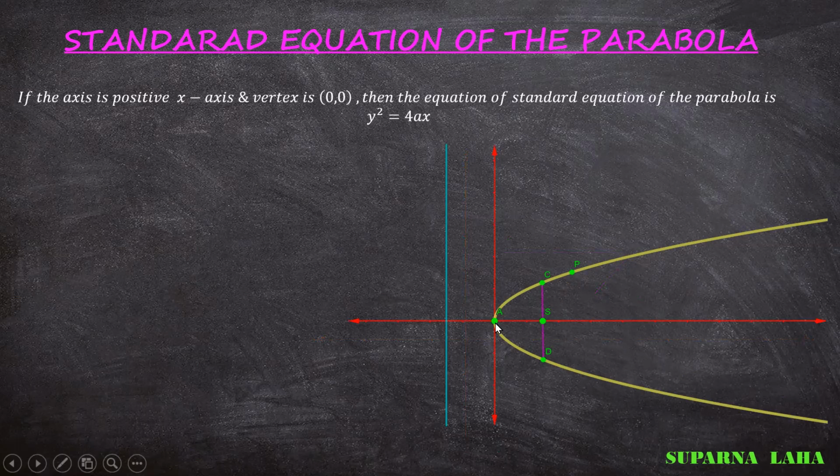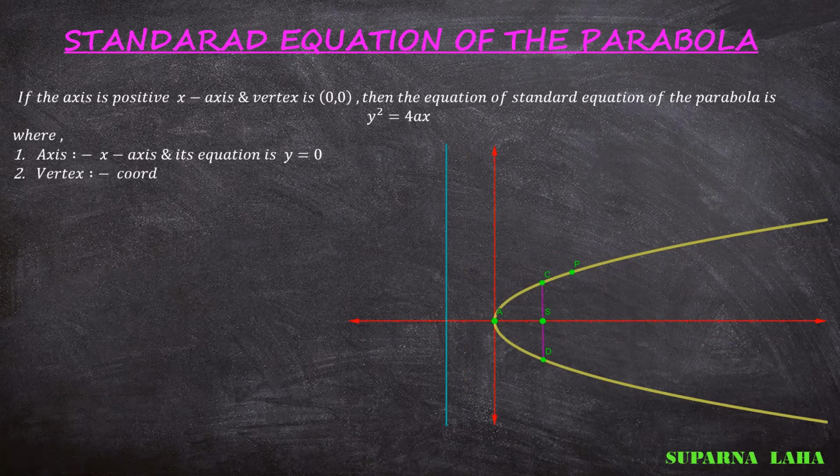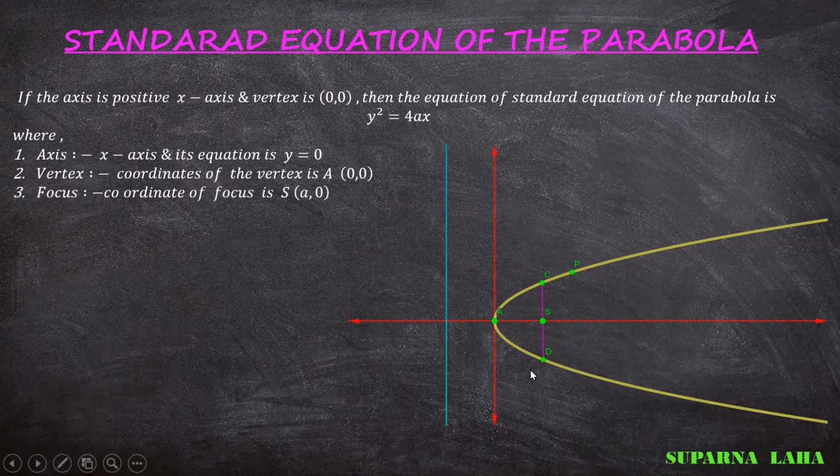At the origin you can find the vertex, here is the focus, this is the directrix, and this is your parabola. From here you can easily write that the axis of this parabola is the positive x-axis, whose equation is y = 0. The coordinate of the vertex is (0, 0), and the focus is (a, 0).